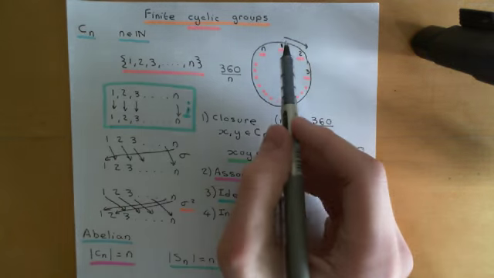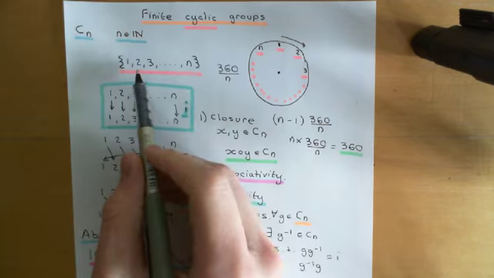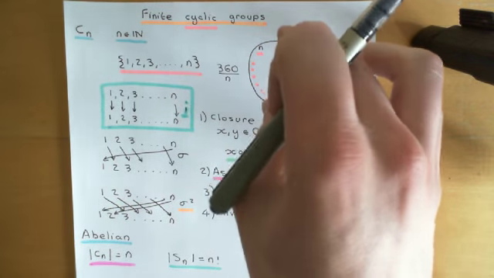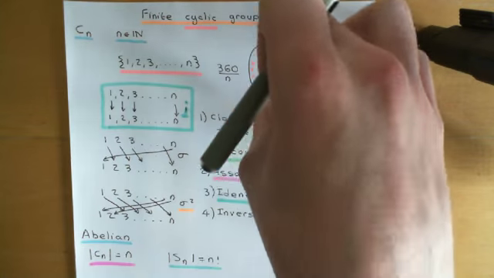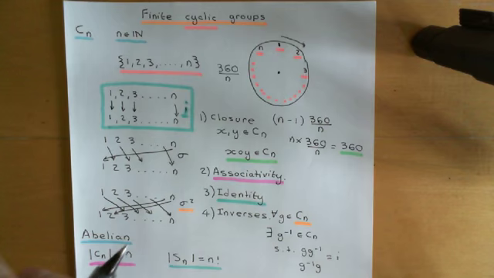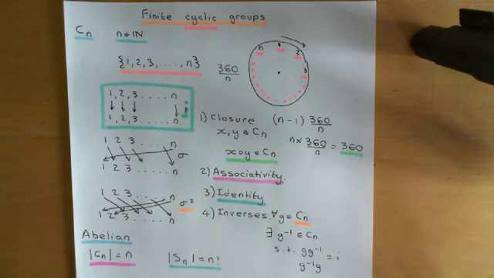What you can think about doing is putting the n little elements of this set around the edge of a disk, and then the cyclic permutations of the elements of this set are the permutations that you can create just by rotating the disk by a certain multiple of the angle 360 divided by n.